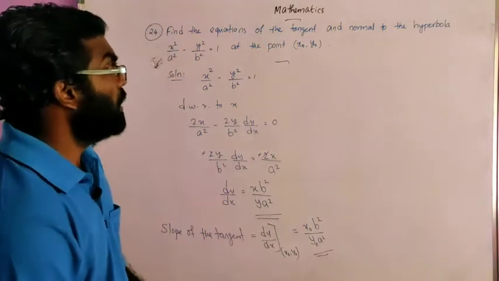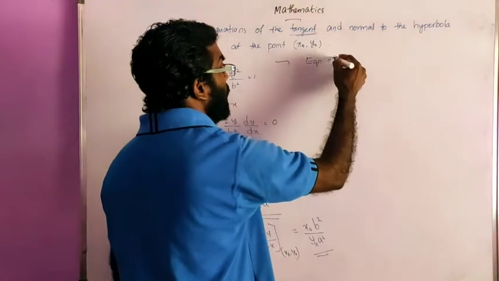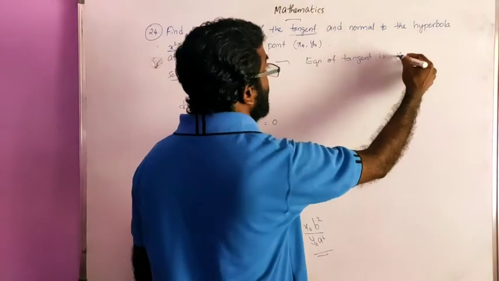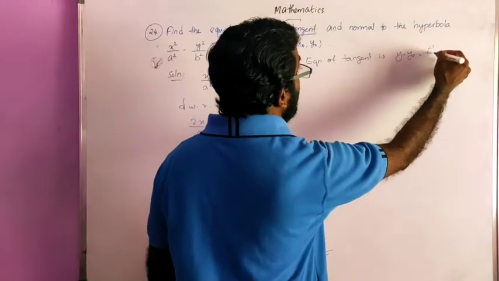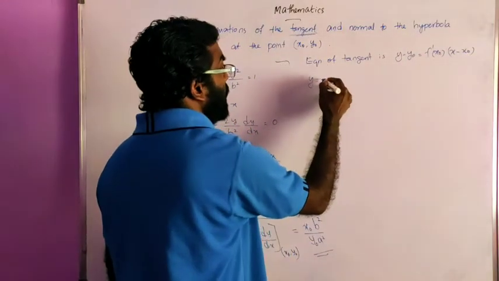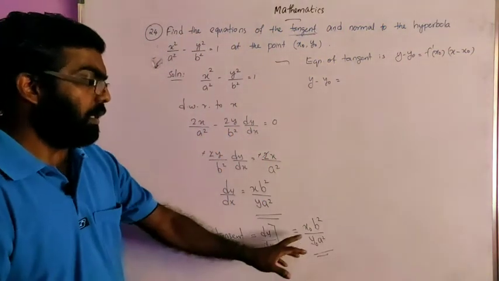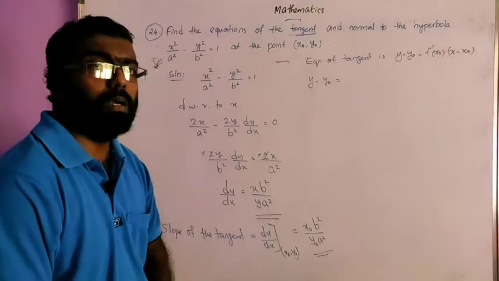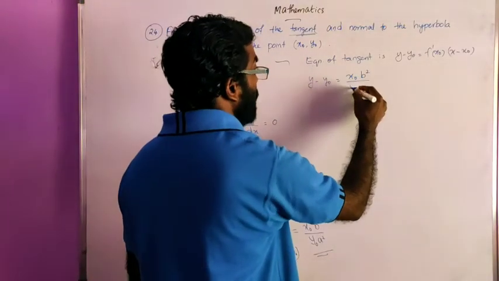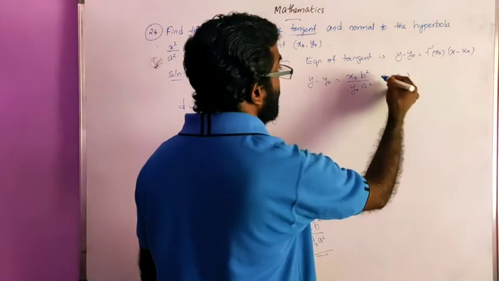Now first of all we can write the equation of the tangent. So equation of tangent is y minus y0 is equal to f dash of x0 into x minus x0. Here f dash of x0 means the slope of the tangent. Here it is x0 b square by y0 a square. So x0 b square divided by y0 a square into x minus x0.